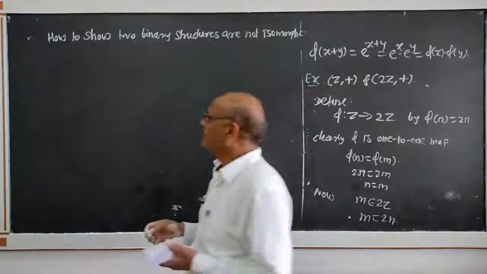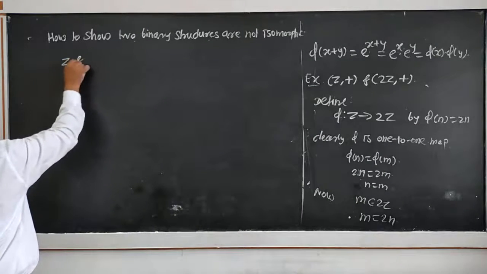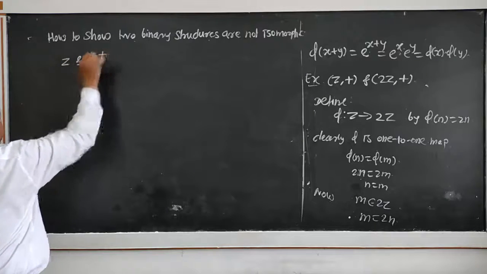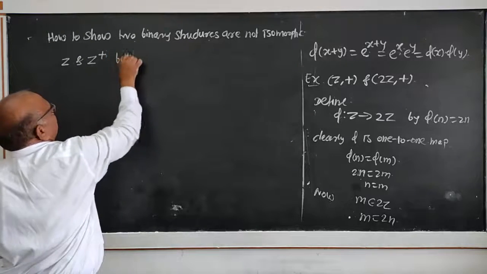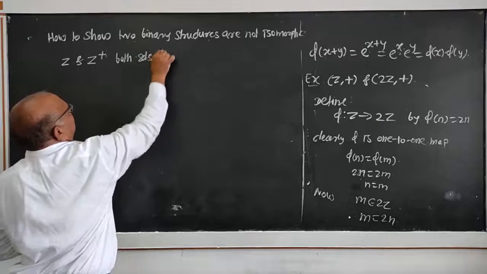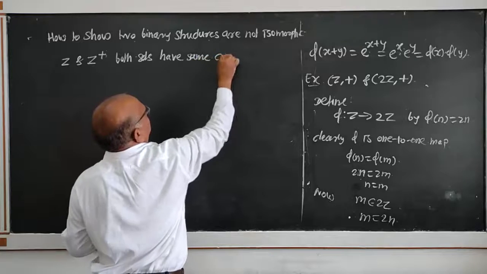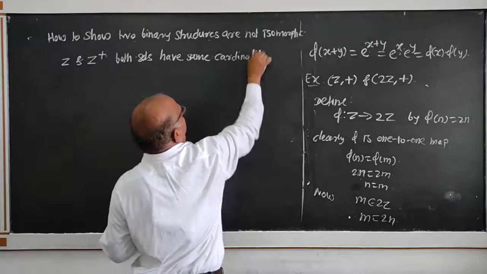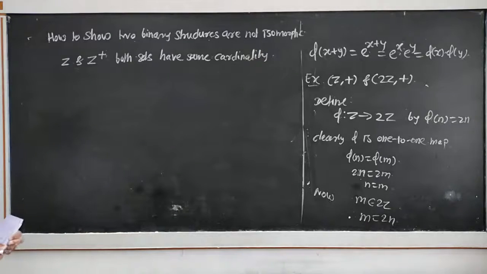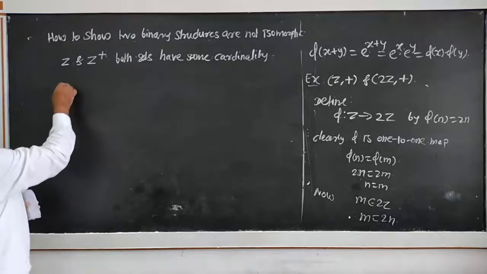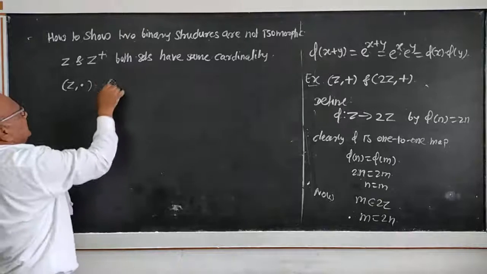See here, Z and Z plus, both sets have the same cardinality. That means both have the same cardinality, and take multiplication here as the binary operation, second also.